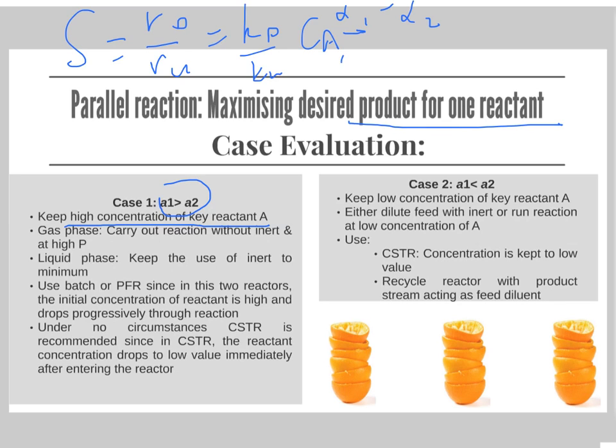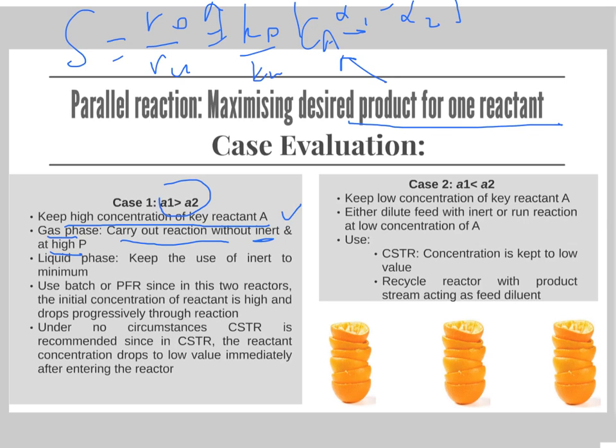When we run at high concentration, it will boost the rate of reaction of the desired product. So in order to maximize the selectivity, we need a high concentration of key reactant A. If we are operating in gas phase, we should carry out the reaction without inert and at high pressure.